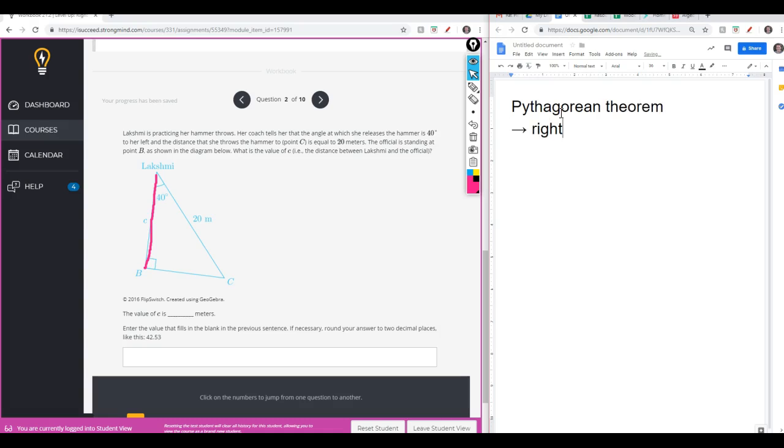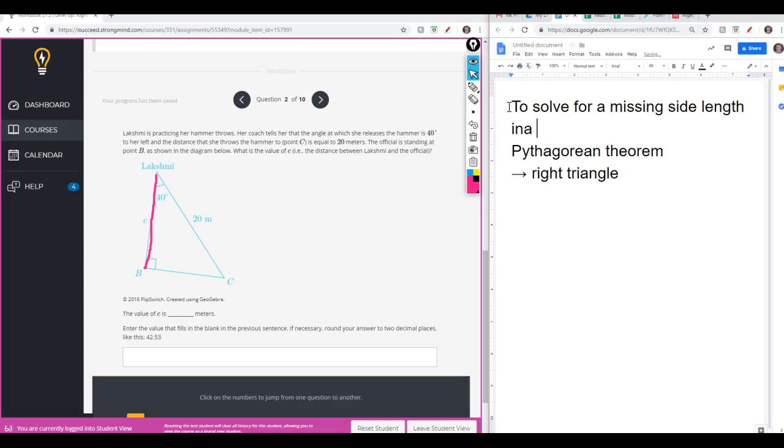So it has to be a right triangle, and you have to be solving for one missing side length, 2 of the side lengths known.